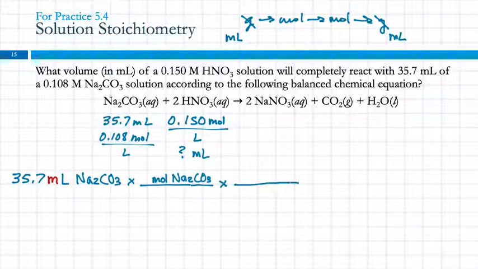And then what's next? Moles of the nitric acid, moles of HNO3. And then here at the end, I'm just ignoring the milli part. This would be liters of HNO3.